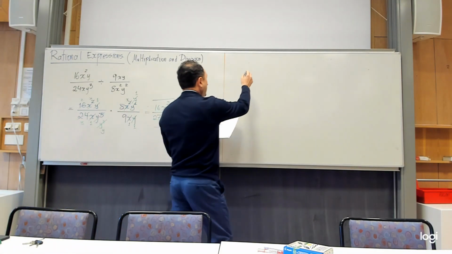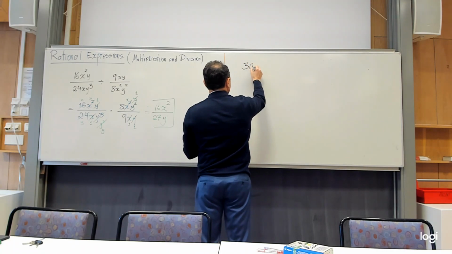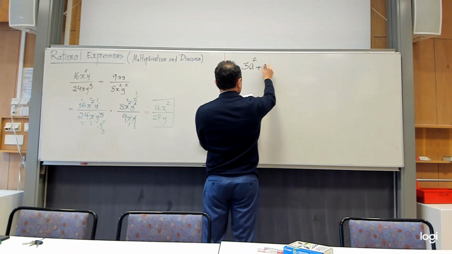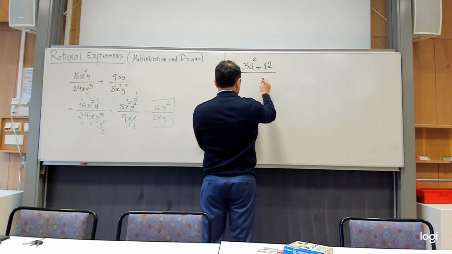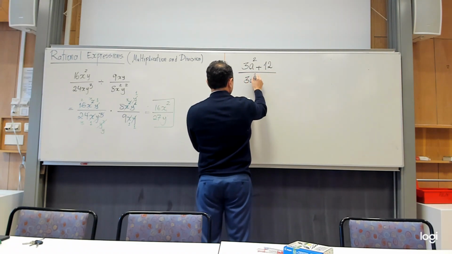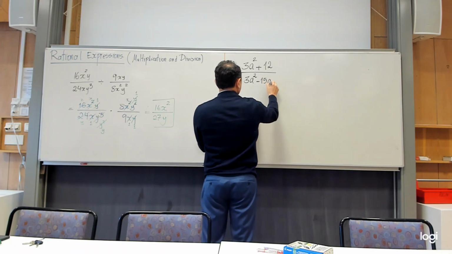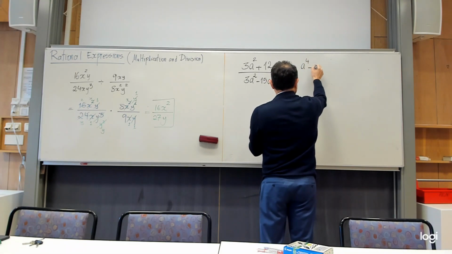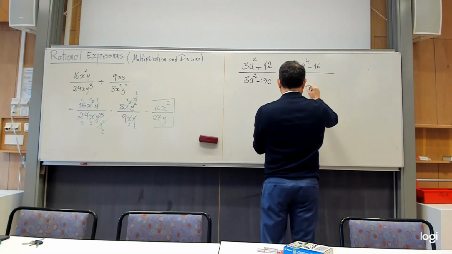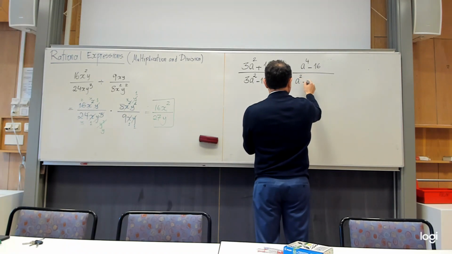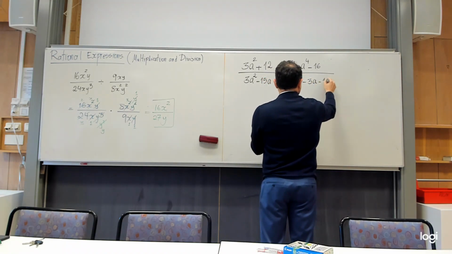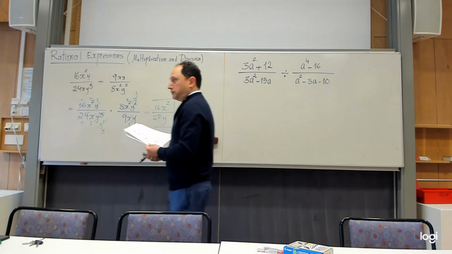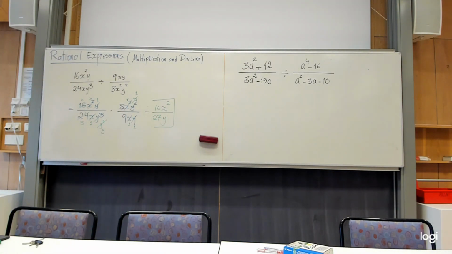So 3a squared, it's very simple. 12 plus 12 divided by 3a squared minus 15a divided by a to the 4 minus 16 divided by a to the 2 minus 3a minus 10. Okay, I will pause this recording and give you 5 minutes at least to solve that problem, okay? But of course, I think you can do it even faster.